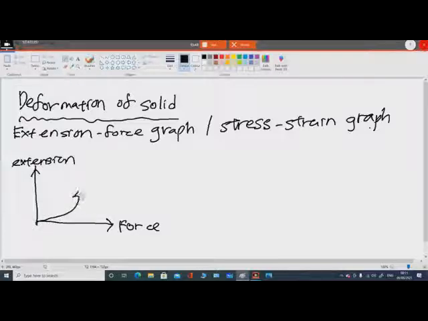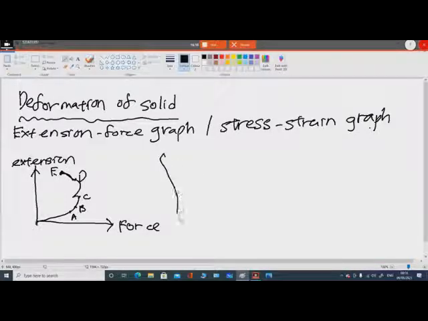So this is A, this is B, this is C, and this is D. Oops, I should draw this curve higher than D. Okay, so this is a curve here. So this is E.